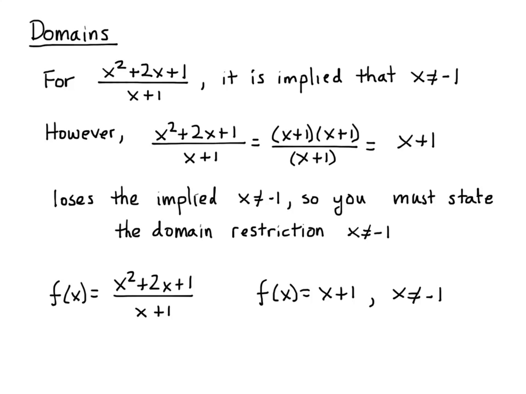That's when you get 0 over 0. On the second one, by writing the domain restriction right behind it, you're stating that x cannot equal negative 1. So we go from implicit, on this side, an implicit domain restriction, to this, the explicit domain restriction.